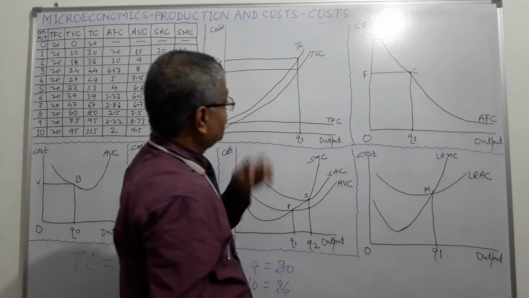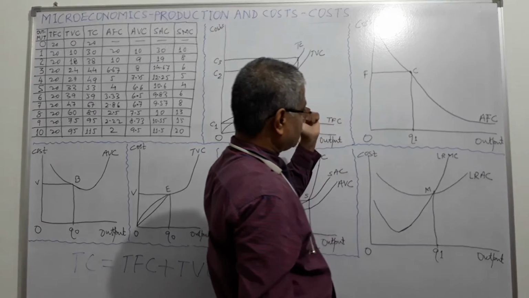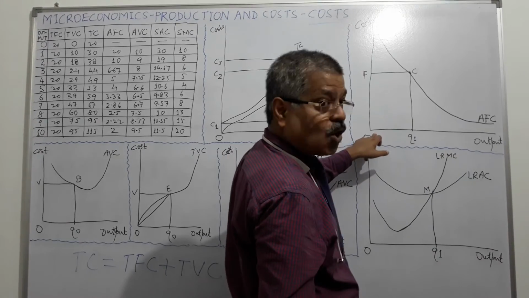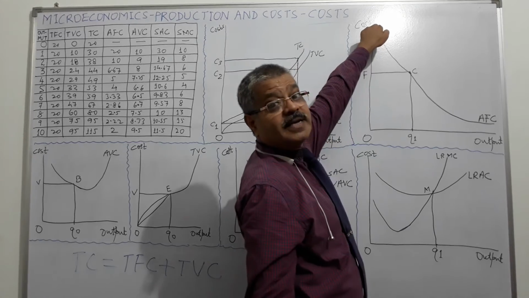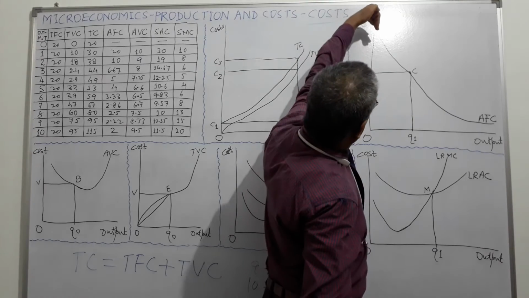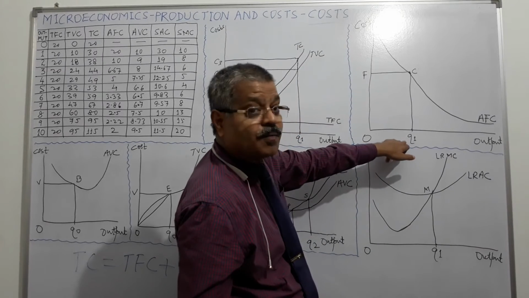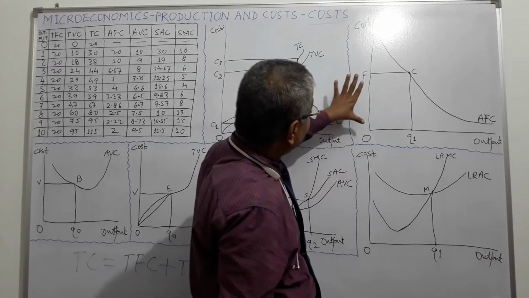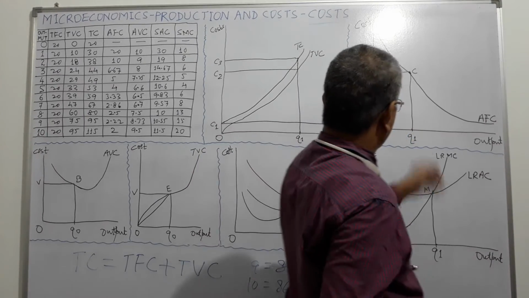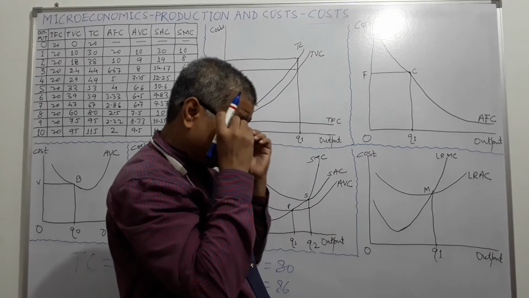So once again, this horizontal is output, vertical is cost, right? At this level of output, almost 0 output, average fixed cost is abnormally high, very high. And as production increases, average fixed cost starts coming down. So at Q1 level of output, average fixed cost is OF, right?